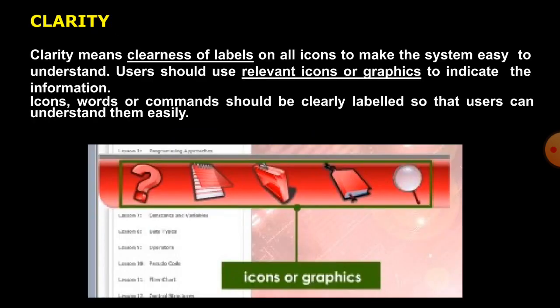And next is clarity. Clarity means clearness of labels or diagrams, clearness of labels on all icons to make the system easy to understand. Users should use relevant icons or graphics to indicate the information.